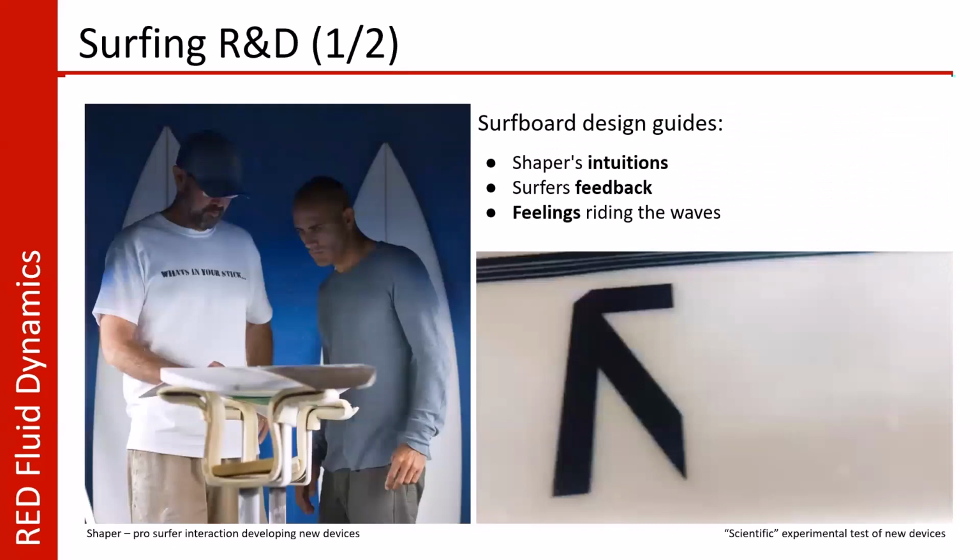But despite this very ancient age, contrary to what happened in many other sports, such as, for example, the America's Cup, the shapers don't follow a scientific approach to develop new surfboards, but base their new designs just on their own intuitions and on the feedback of pro surfers.